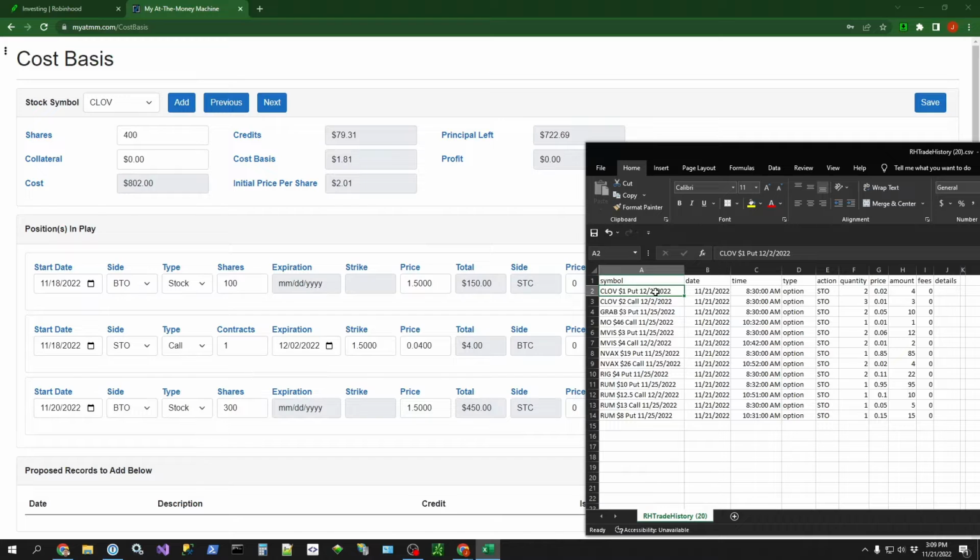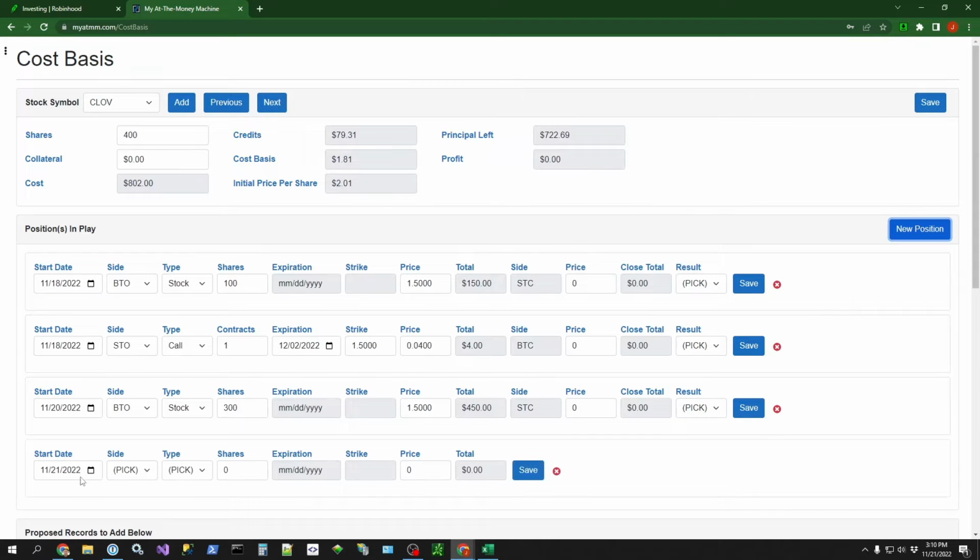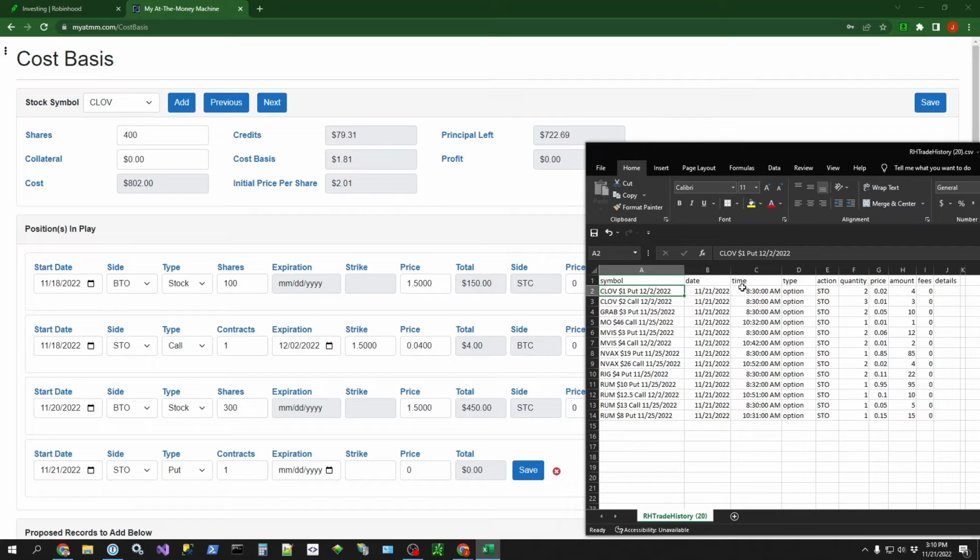Let's go ahead and enter the put first. The put's not represented in here. So let's enter a new position. It executed today. We sold to open a put. I think 1 contract. Nope, that was 2 contracts.